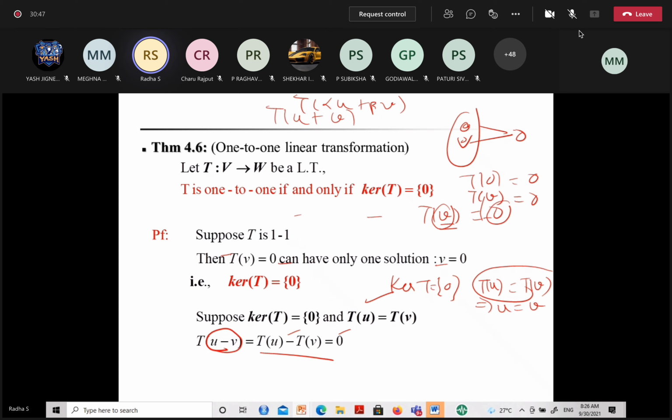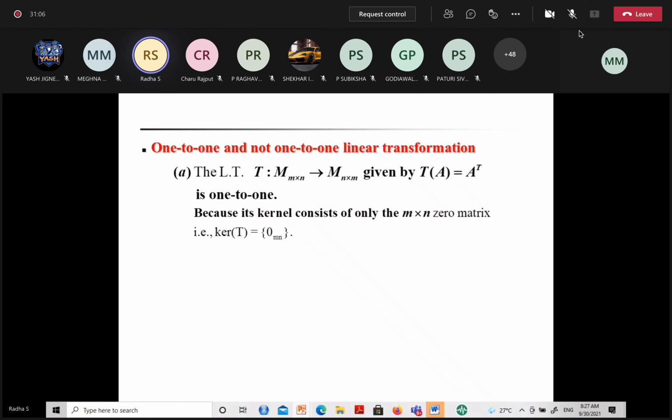So this concept is better and easy. Please remember, for a mapping to be 1 to 1, the kernel should always have only one single element, that is 0.